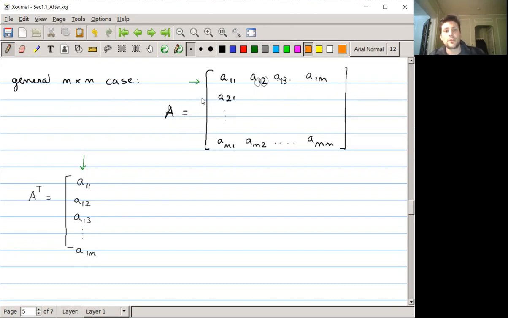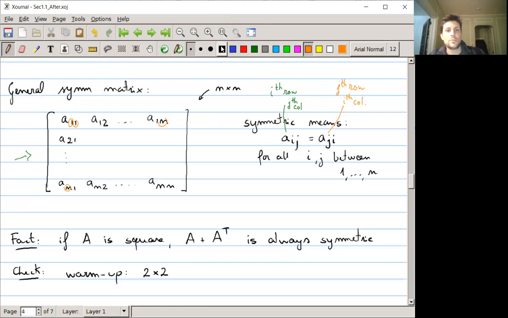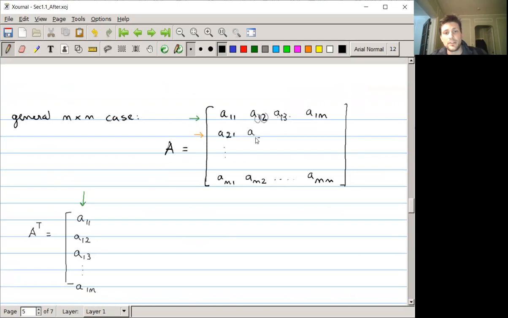We can play the same game for the second row. Maybe we can quickly scroll back to the general form of the matrix. You see the second row will have all entries whose first index is a 2, because the first index denotes the row. So the second row of our matrix, I wrote a couple more entries here, will become the second column of the transposed matrix.